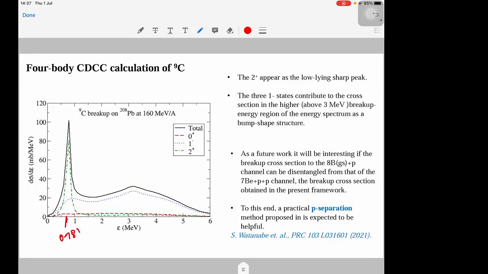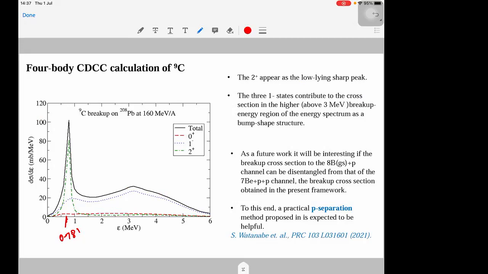In the lower energy region, less than 1 MeV, this peak originates from the narrow 2 positive resonance, and its contribution to the total breakup cross-section is around 32%.